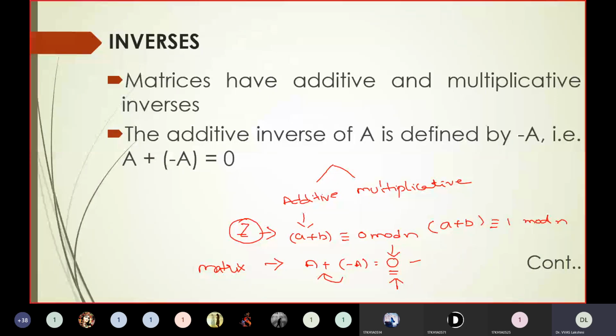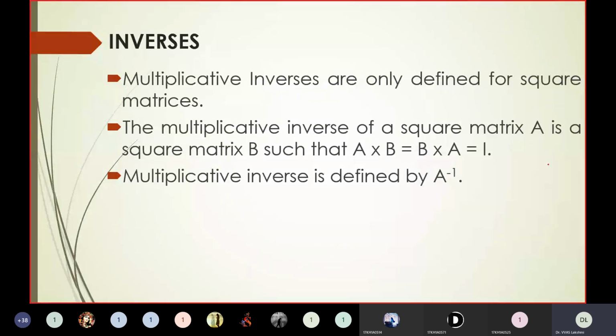So here, what is the multiplicative inverse formula? A into B is equal to B into A, that is equal to the identity matrix. If that is so, then that matrix is said to have a multiplicative inverse.